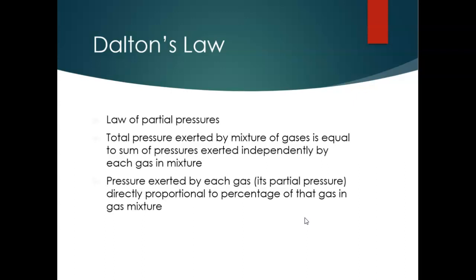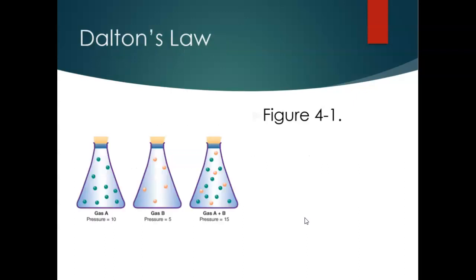So the pressure exerted by each gas is called its partial pressure, and that is going to be proportional to the percentage or the concentration of gas in the mixture. So the partial pressure is going to be proportional to your FiO2, the concentration of the oxygen in the mixture. So if you're at 80% FiO2, you're going to have a higher partial pressure of oxygen than if you were at 21% FiO2.